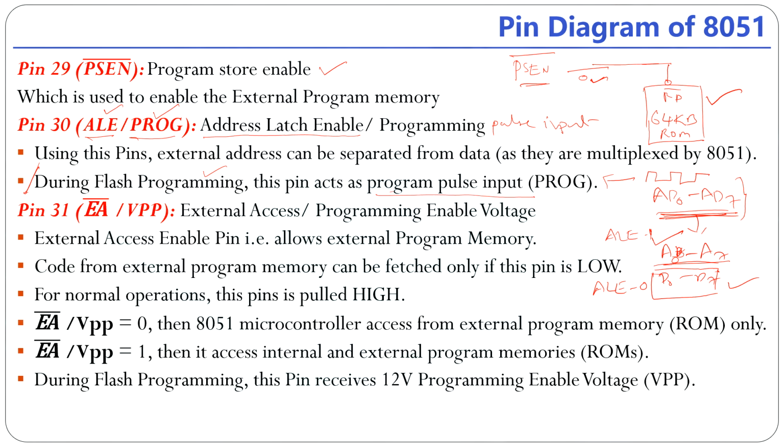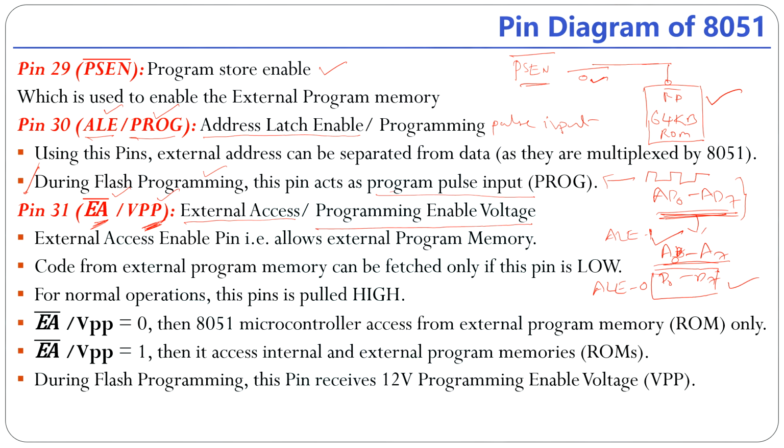Similarly, pin number 31 is used as EA bar and VPP. EA bar stands for external access, VPP stands for programming enable voltage. Here also, in user mode it is acting as EA bar, in programmer mode it is acting as VPP.